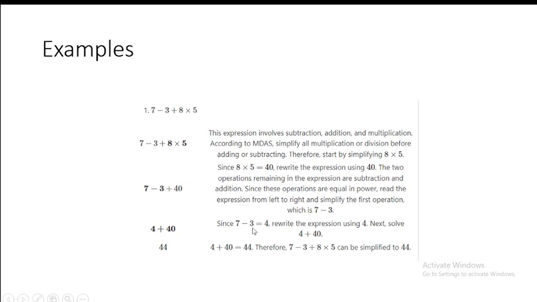Then since 7 minus 3 equals 4, you write the expression using 4. Then you solve 4 plus 40, which will give us 44. So therefore, 7 minus 3 plus 8 times 5 can be simplified to 44.